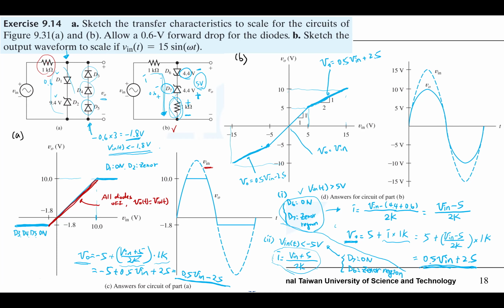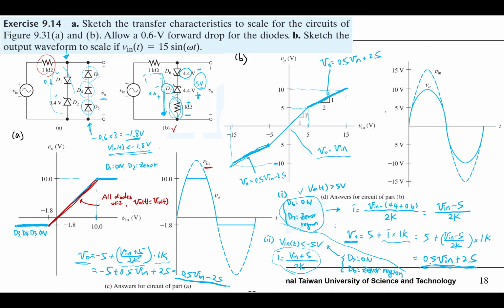And if it's a negative voltage, its negative voltage also keeps increasing. So it's always symmetric. So you can use this symmetry to double check your answer. And for the middle segment, it means VO equals VI. So the slope is 1. This is what you can pay attention to.